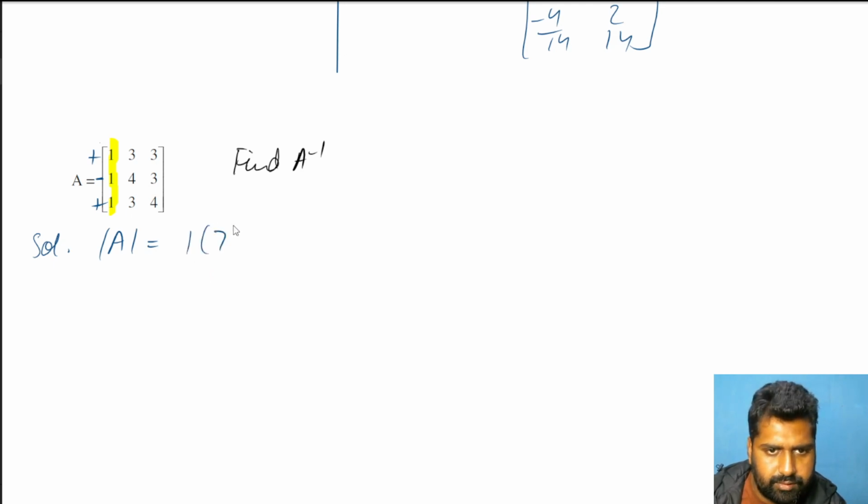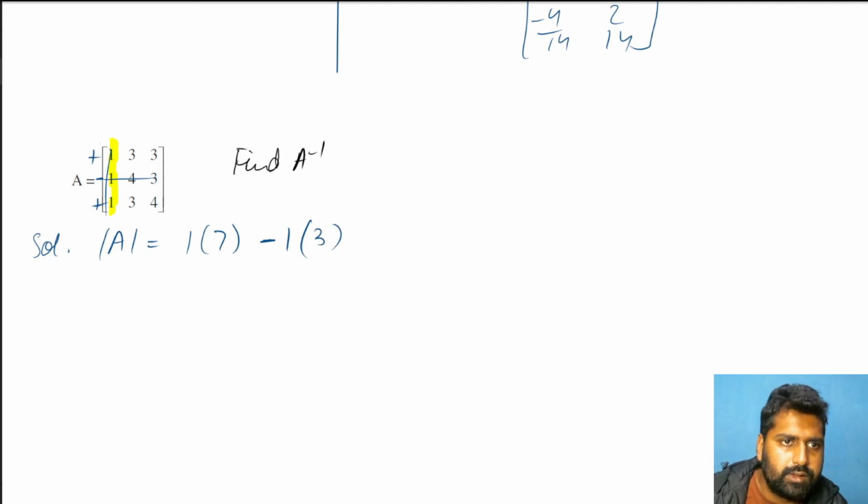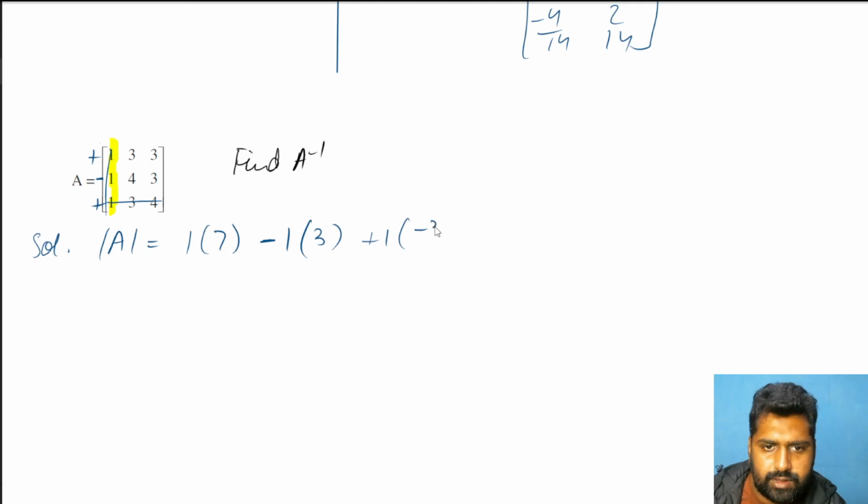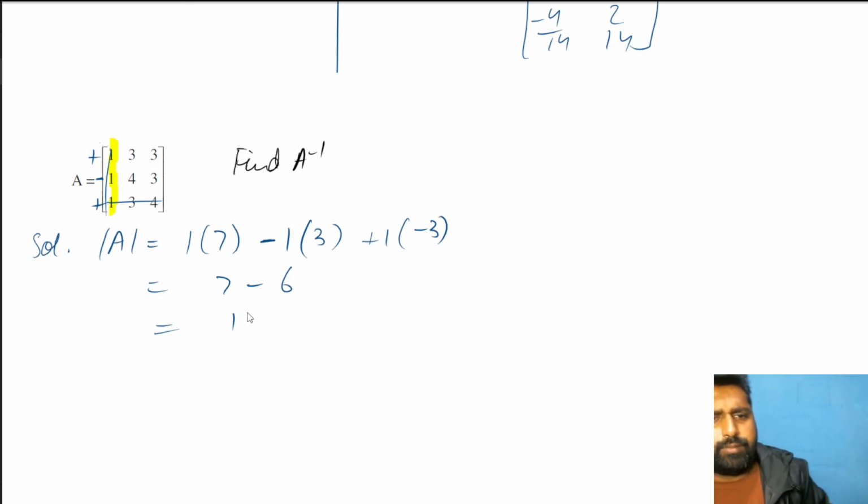Then 1 into 7 minus 1 into, leave this, 12 minus 9, 3, then plus 1 into 9 minus 12, minus 3. So 7 minus 6. Wow, it's coming to 1. Good enough. Even if it was some other value, we would have to divide each element by that number. It won't make much of a difference anyway.